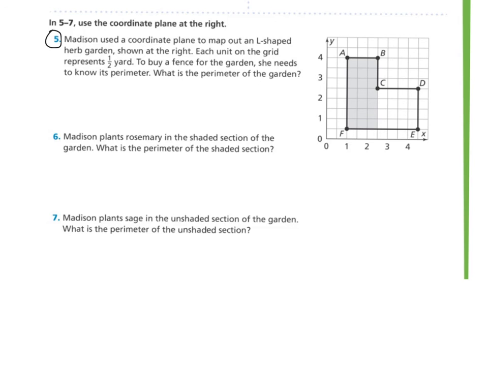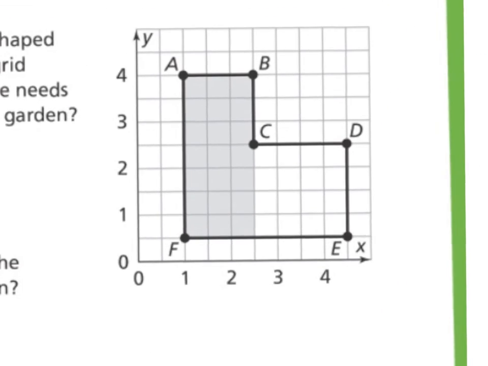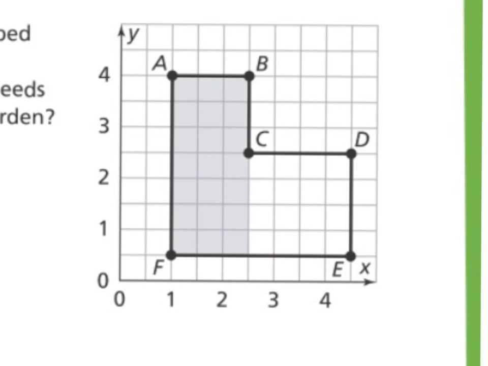Number 5, you got to be careful with this one. They mention in this problem that each unit on the grid represents a ½ yard. So what you can do if you want to, you could count by halves. So AB, half, 1, 1.5. BC, half, 1, 1.5.